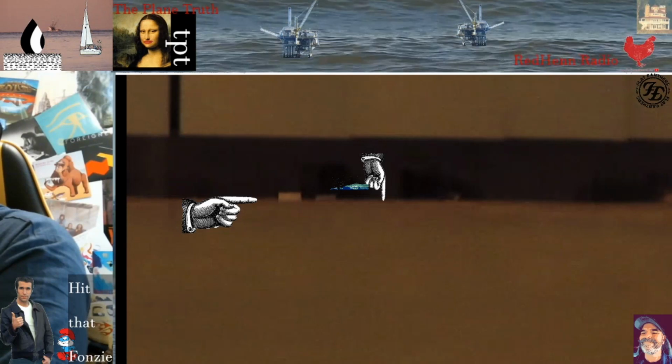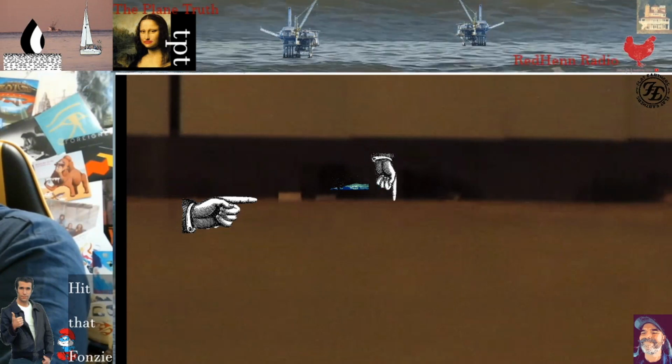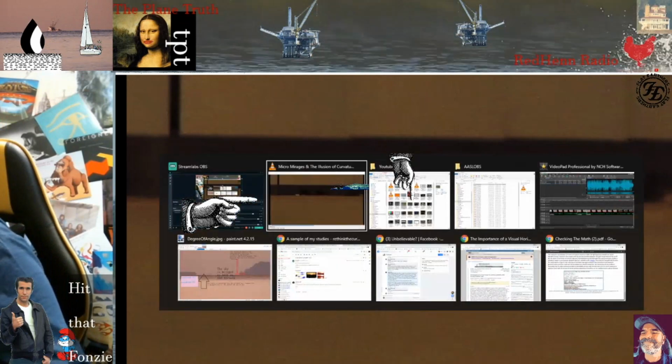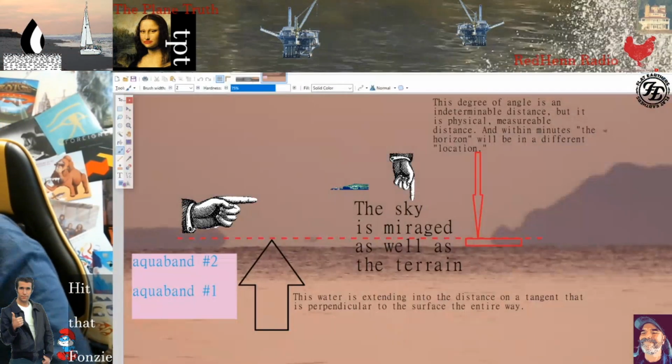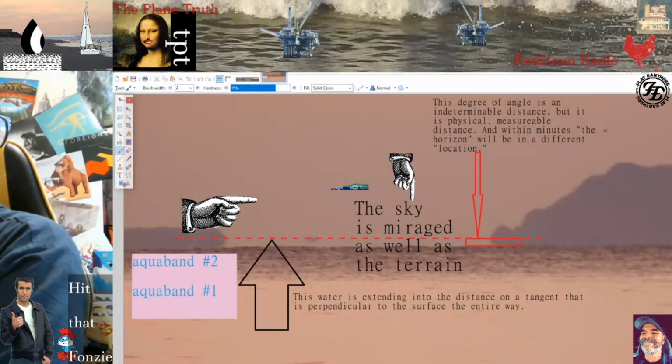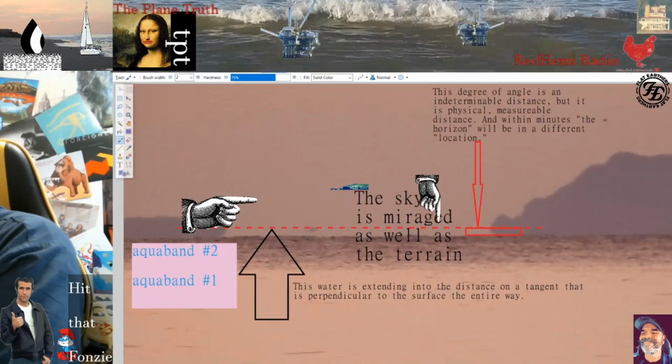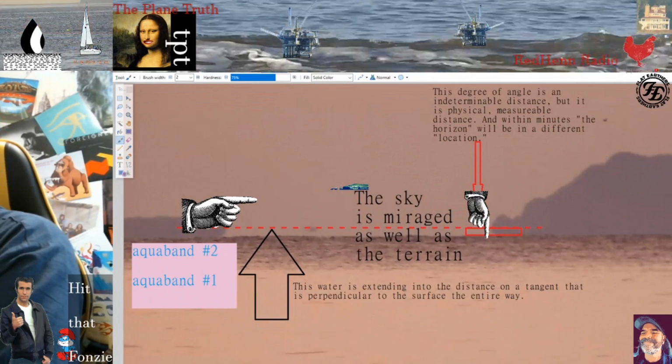All right? Mirages, when we see these mirages, this is not vertical.